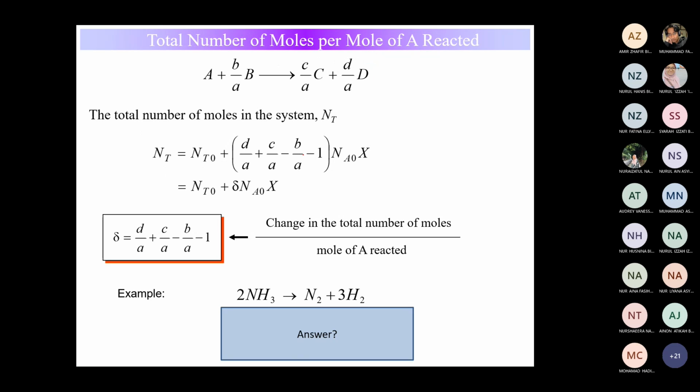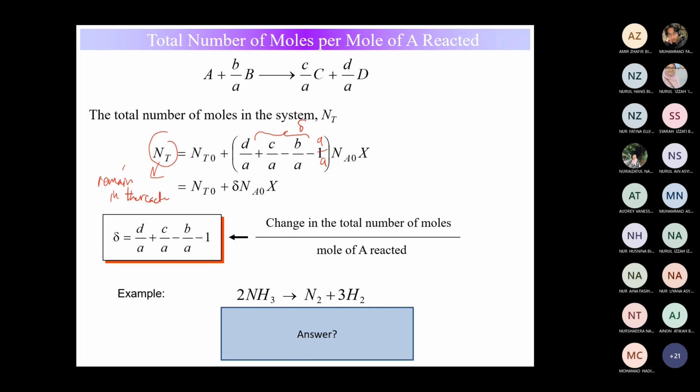So now let's say we have a reaction involving this equation. Remember, just now the total number of moles remaining in the reactor is NT0 plus D over A plus C over A minus B over A minus 1, which is 1 because A over A, times NA0 X. This can actually be simplified with delta.